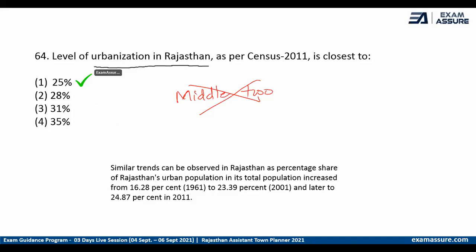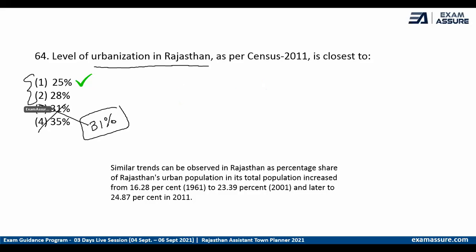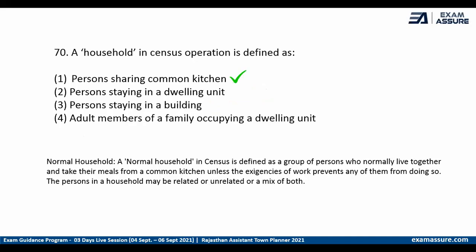And you saw that we already discussed that 31% is the overall urban share for India. So you should be able to tell that the level of urbanization should definitely be lesser than this. So these are not the options. 25 or 28, one of these should be the answer, and now it's your discretion. Let's move to the next question. 25 is the answer here.